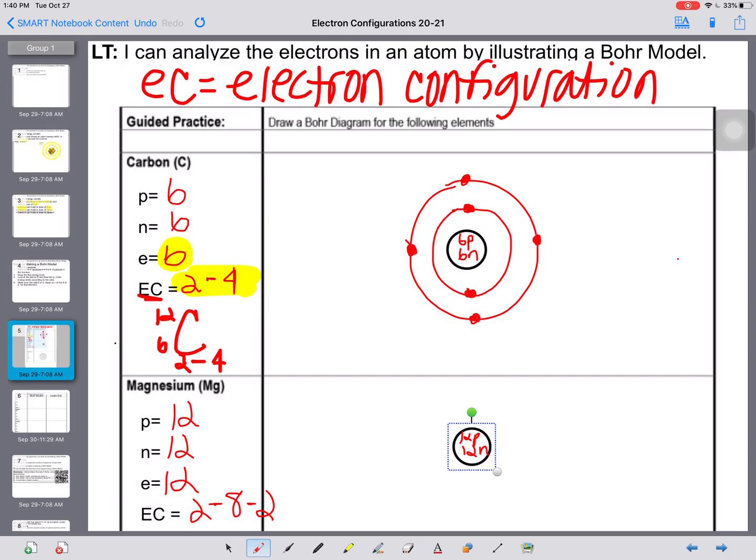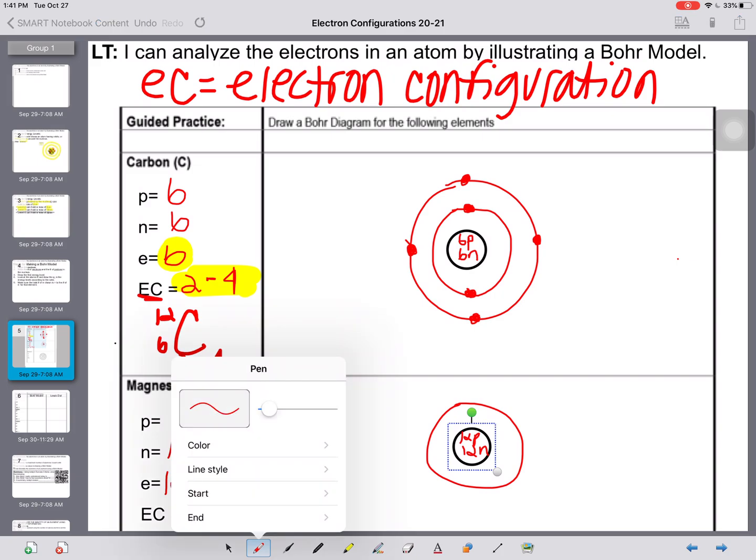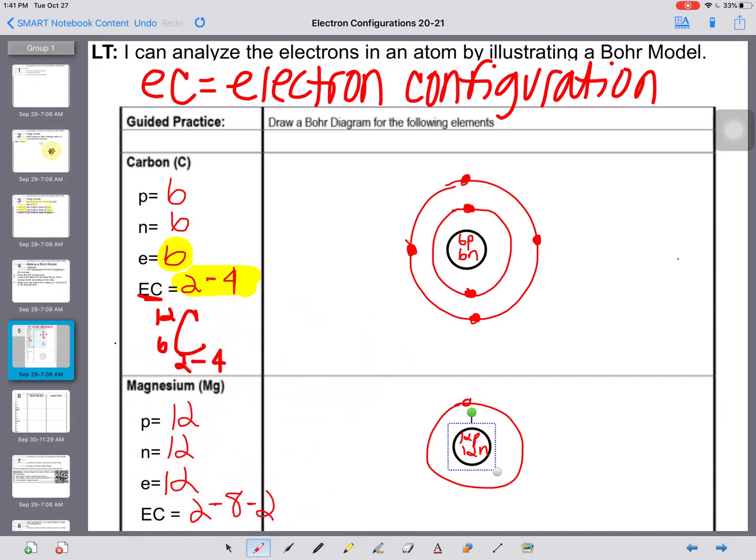So what we're going to do is draw the first energy level and make sure we follow the rules. We can also refer to our electron configuration. If we're following the rules, the rule is that the first shell can only hold a max of 2 electrons. So I'm going to fill in 1, 2. That's full.